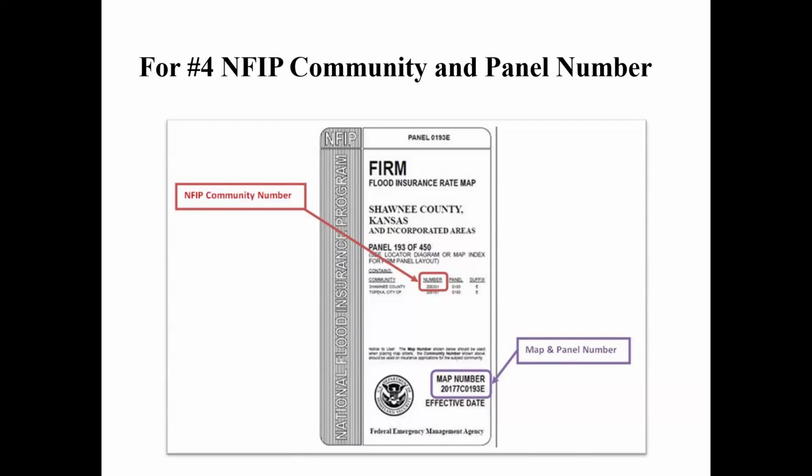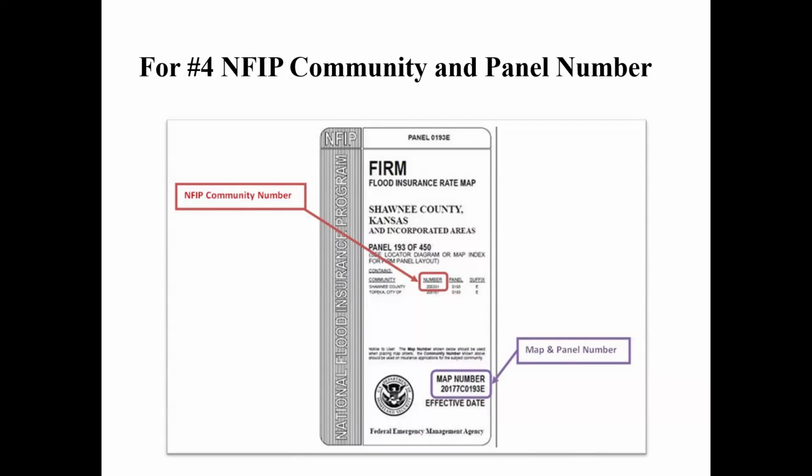And then the full map panel number there at the bottom is 20177C, and the C is for community wide, and then 0193E, that's the actual panel number. And so at the top, it kind of says 193 of 450, and that's an abbreviation.